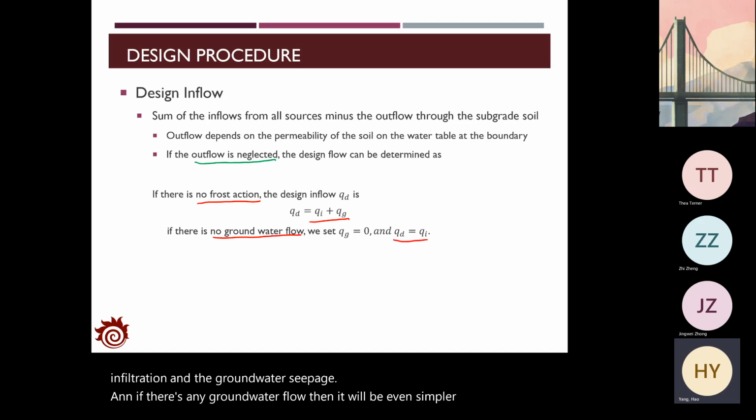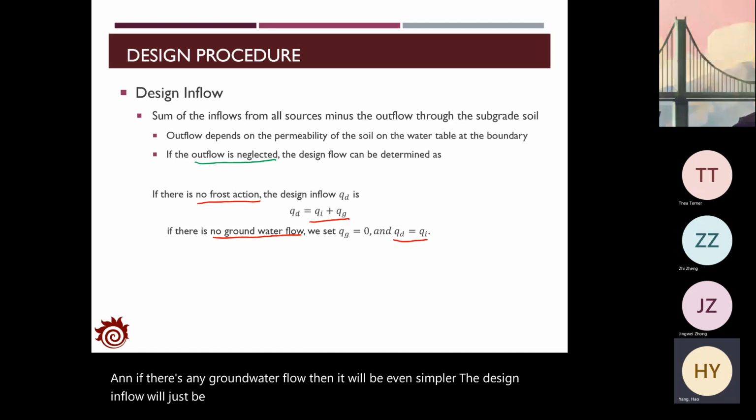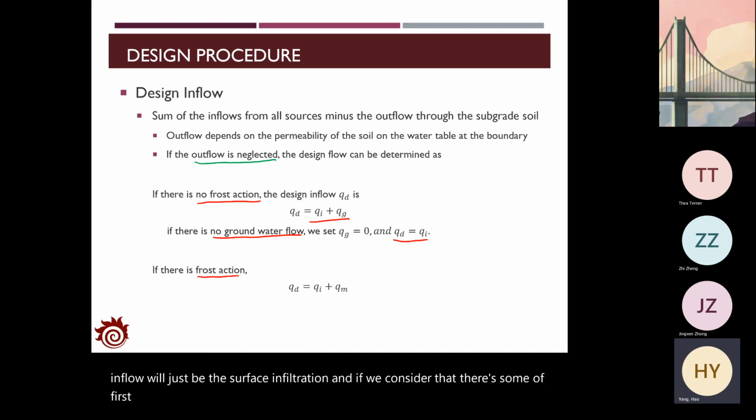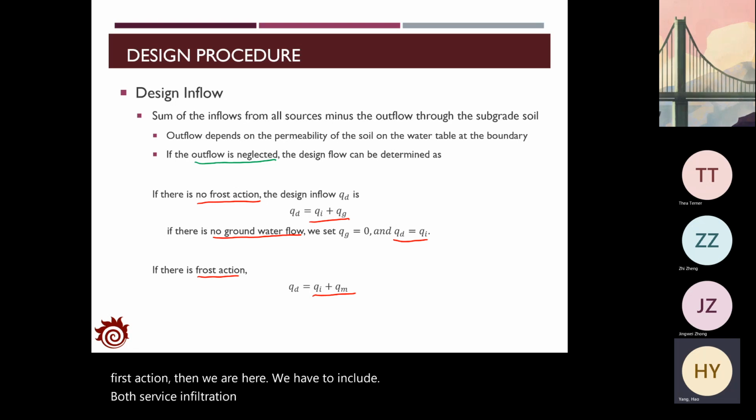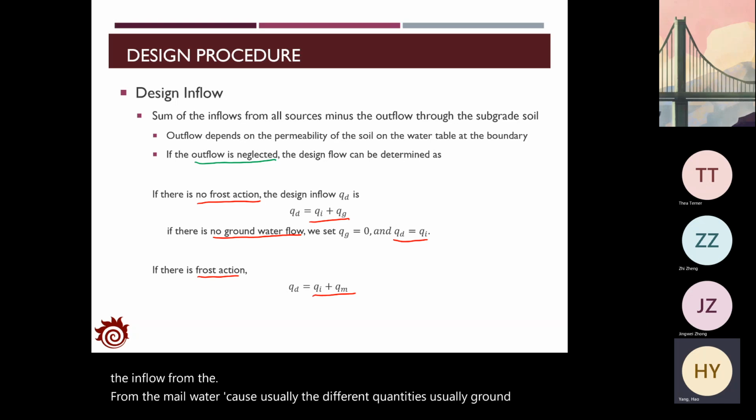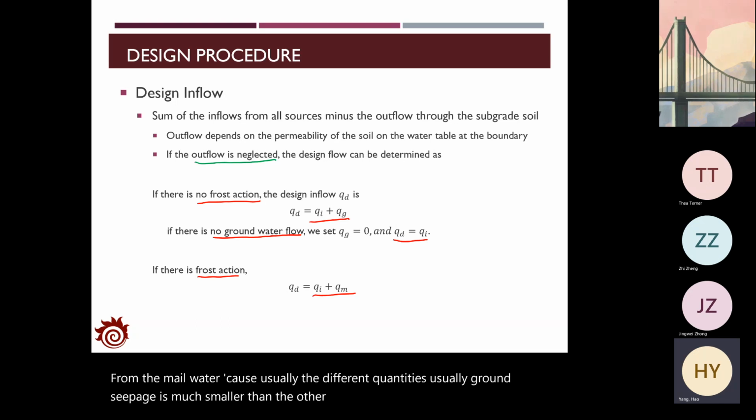The design inflow will just be the surface infiltration. And if we consider that there's some frost action, then here we have to include both surface infiltration and meltwater. And at this part, we can ignore the inflow from the groundwater seepage, because usually it is much smaller than the other two sources.